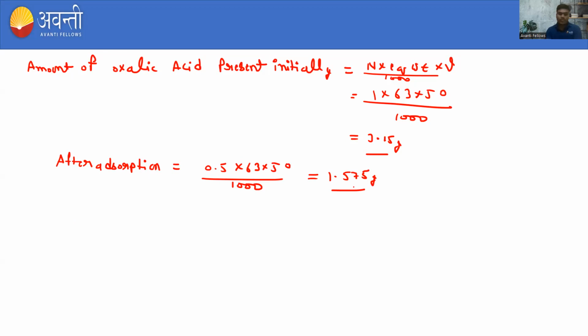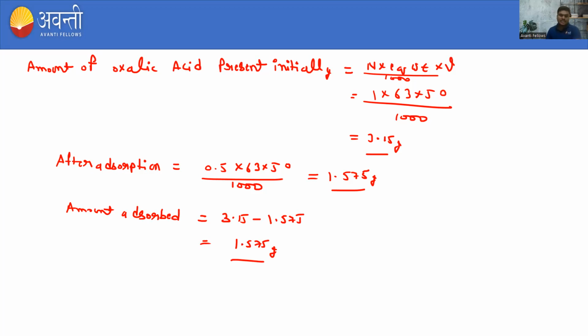Now, how much amount is adsorbed? So the amount adsorbed is 3.15 minus 1.575, and this is equal to 1.575 gram, right?